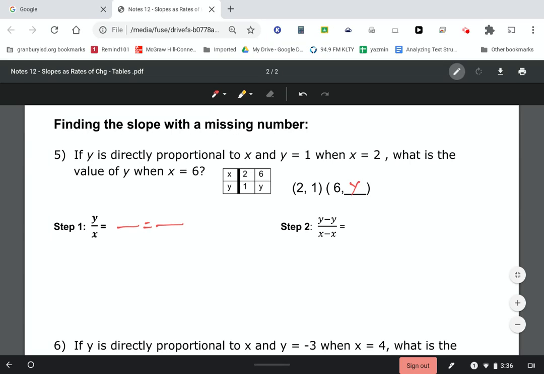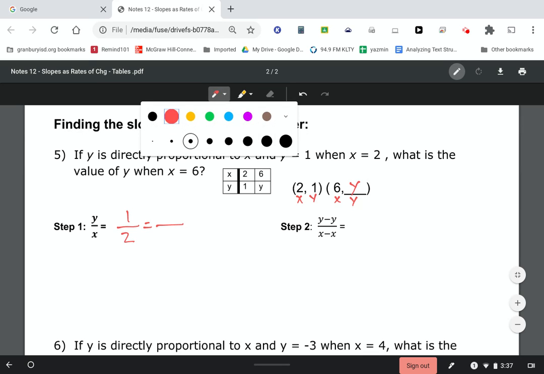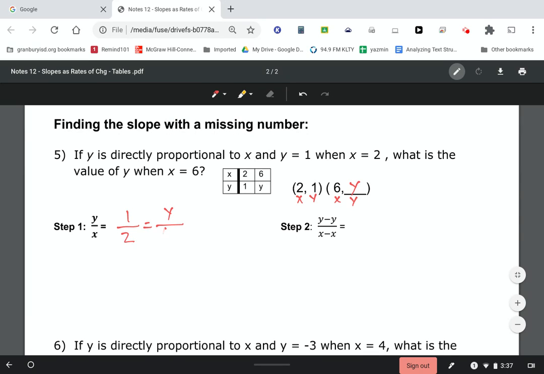So now what we're going to do is set up this proportion. We're going to set up 1, because that's our y. Remember, this is an x and this is a y. This is an x and then our unknown y. So 1 is to 2 as y is to 6.